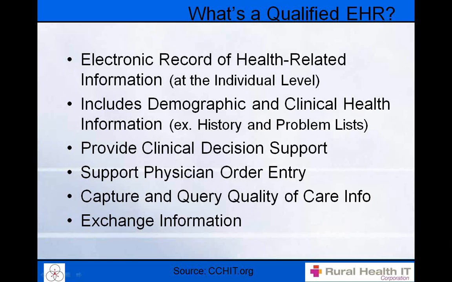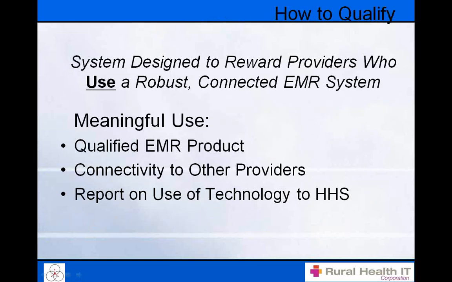To qualify for meaningful use you have to have certain components to the electronic health record, which also includes demographic and clinical health information, history, problem list, clinical decision support. I'm going to talk about that a little bit more when I talk about some specific grants. Physician order entry, capture and reporting of quality of care information, and the ability to exchange that, interoperability between and among systems, is extremely important.